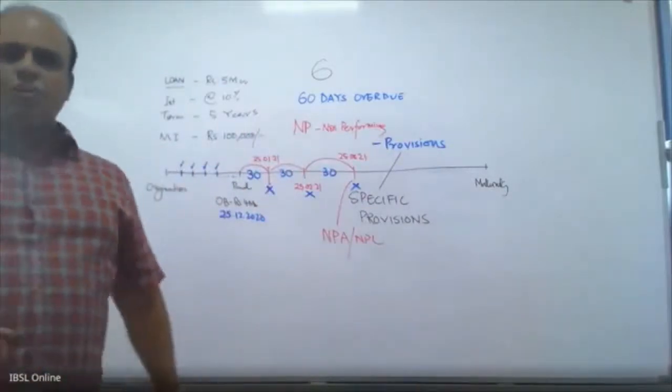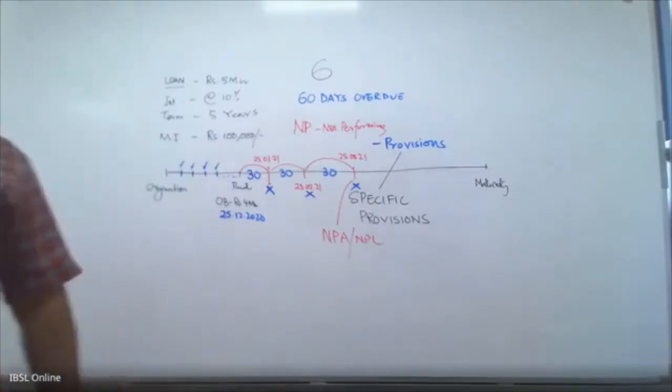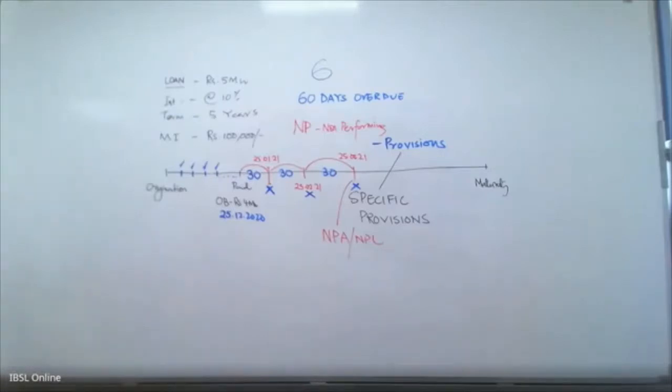Six consecutive installments, then the bank needs to start making provisions.